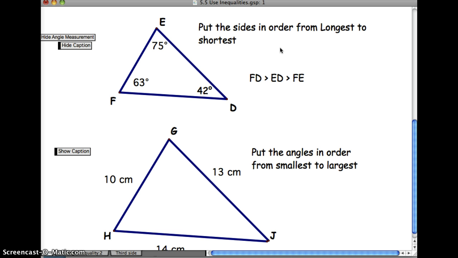So you still list it like elementary school, but then I throw in my inequality signs. When I'm dealing with largest, my inequality sign is greater than. And that makes sense, right?